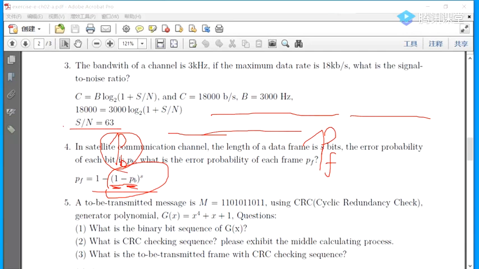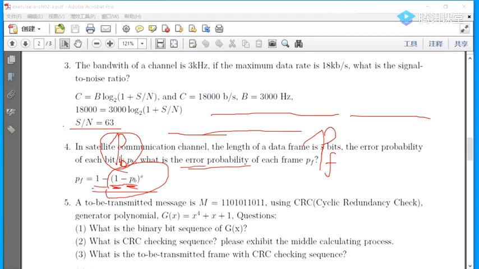So the correct probability of each frame is (1 minus PB) to the power of S. You understand?